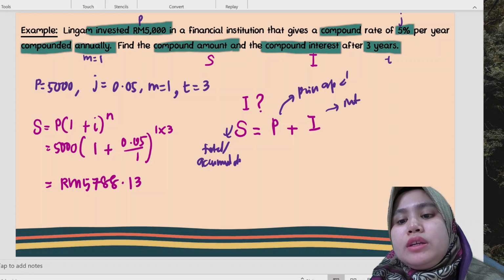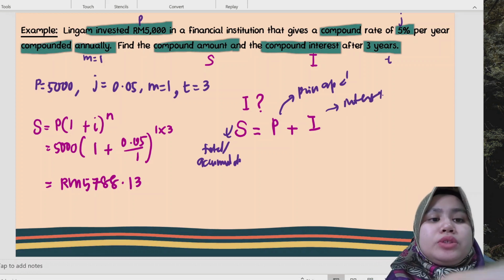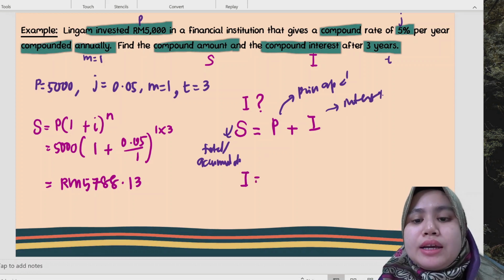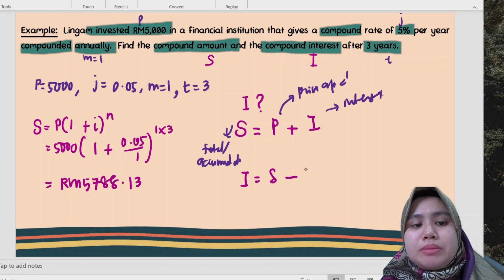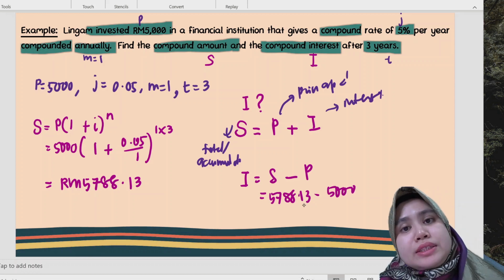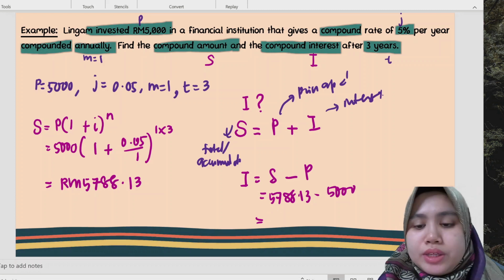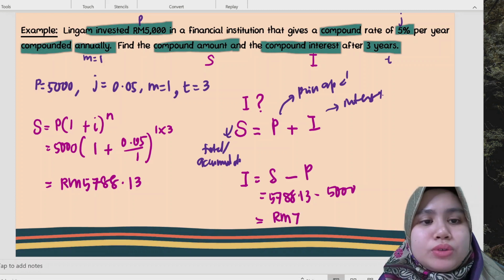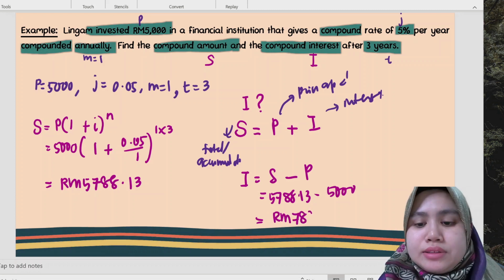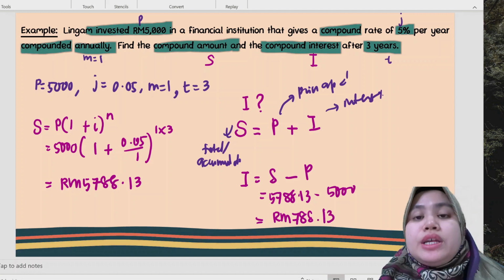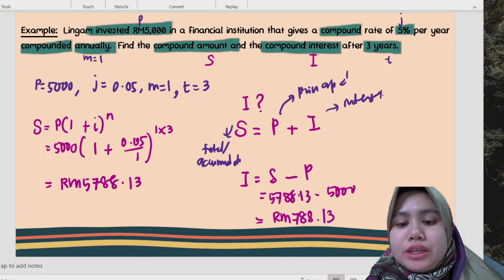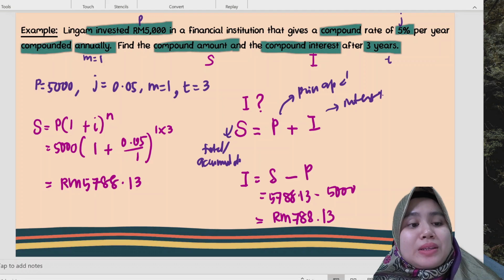This is your interest. So we can use this. To find I, just take your S minus P. You have your S here, minus P, which is 5,000. So your I, how much will you get? Lingam will get interest of 788 ringgit 13 cents.